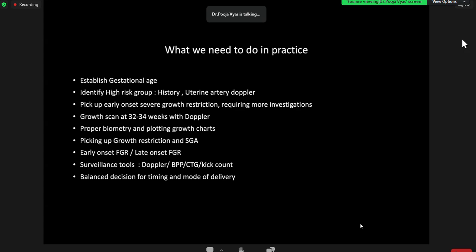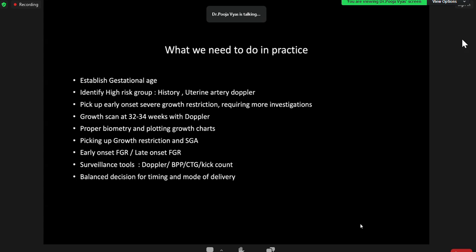What we need to do in practice is establish gestational age, identify high risk groups, do the uterine artery Dopplers for all. We have to identify early onset FGR and do a very strict follow up for these cases. We have to do a growth scan at 32 to 34 weeks with Doppler, mandatory for all. We have to do a proper biometry, and we have to plot the growth charts.